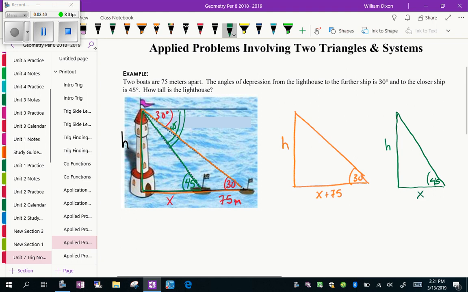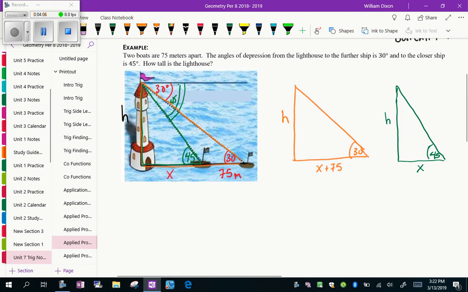Now, what I should write down, because I'm going to be using my trig ratios, is TOA. The two sides that I have are my opposite and my adjacent, so I know I need to use tangent.